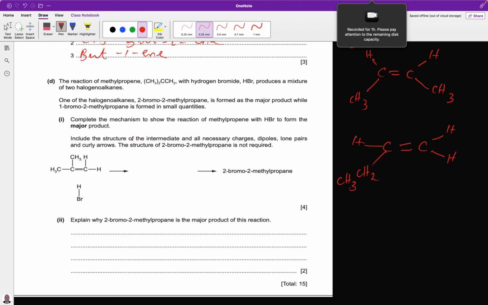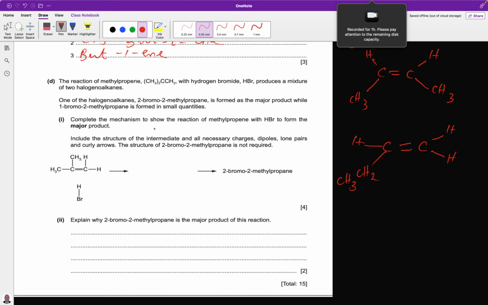The D part of this reaction says the reaction of methylpropene with hydrogen bromide produces a mixture of 2 halogenoalkanes. One of the halogenoalkanes, 2-bromo-2-methylpropane, is formed as the major product, while 1-bromo-2-methylpropane is formed in small quantities.